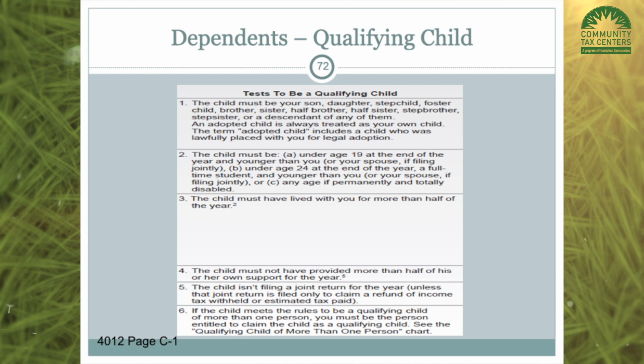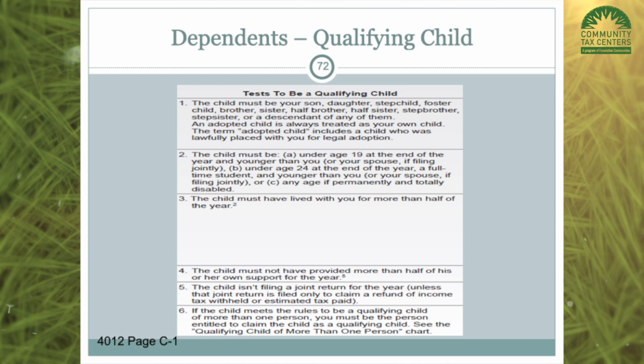On here, paying attention closely to number 4, the child must not have provided more than half of his or her own support for the year, because it's going to flip when we look at the qualifying relative. And then we have the child isn't filing a joint return for the year unless that joint return is filed only to claim a refund of income tax withheld or estimated tax paid.